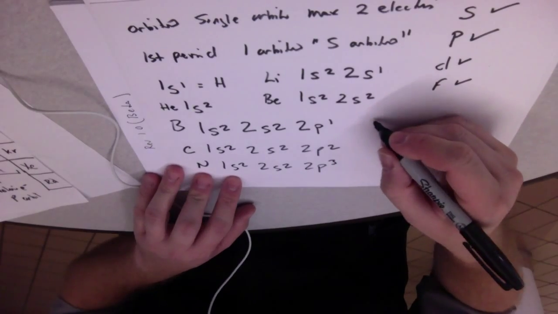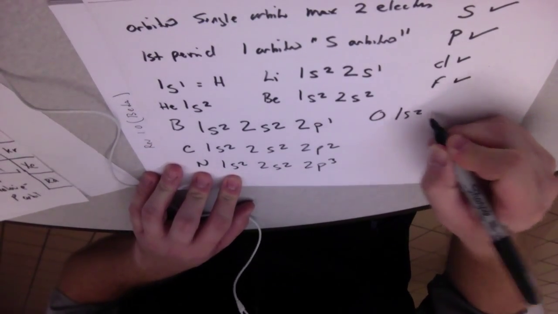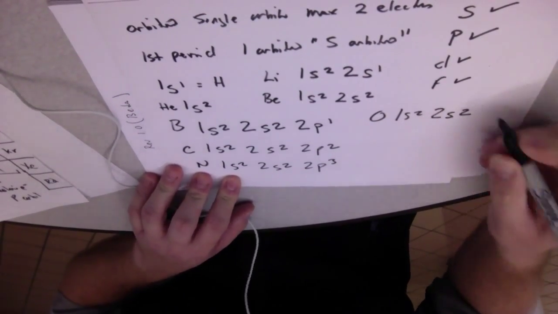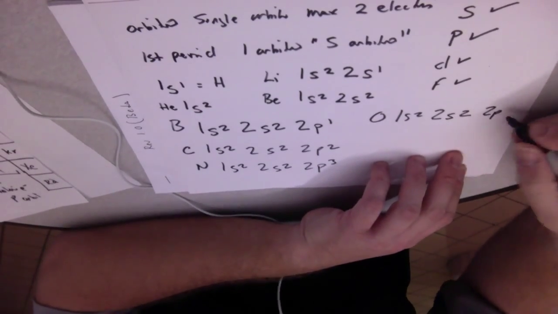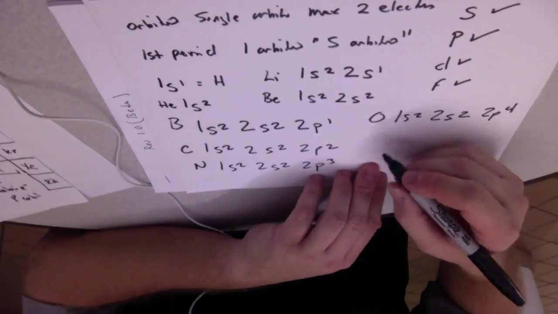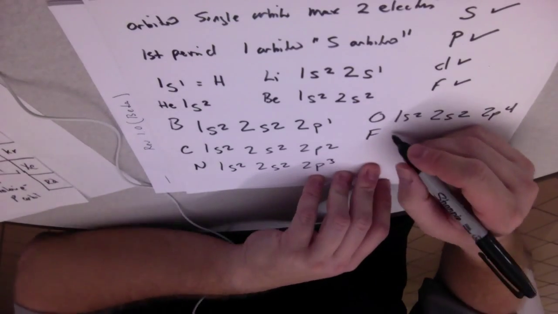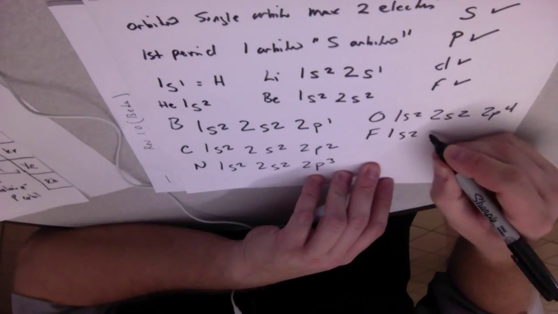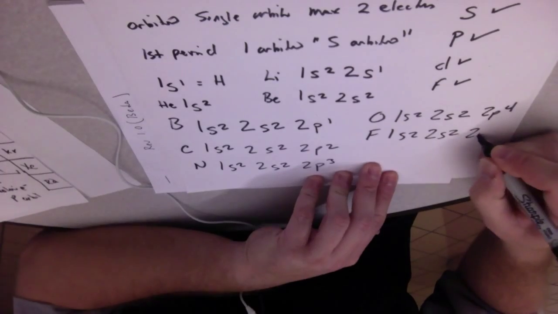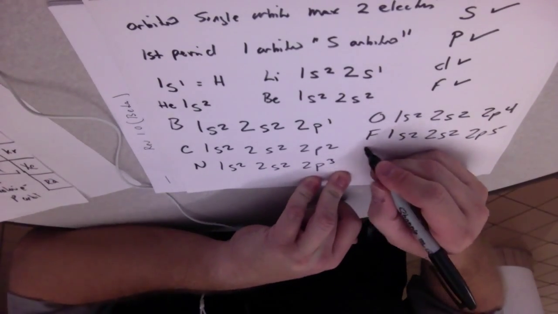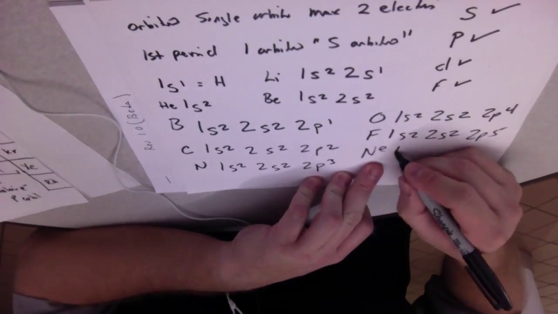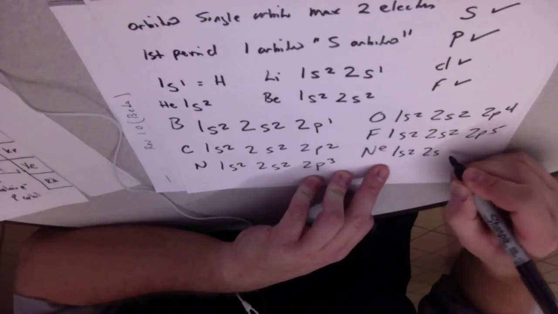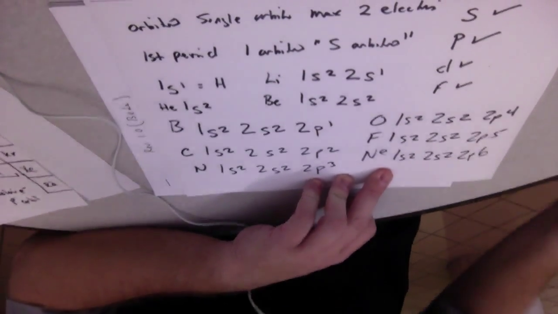And then I'll move on to oxygen, 1s2, 2s2, 2p4. And then I'll move on to fluorine, which is 1s2, 2s2, 2p5. And then finally I'm going to get to neon, which is 1s2, 2s2, 2p6.